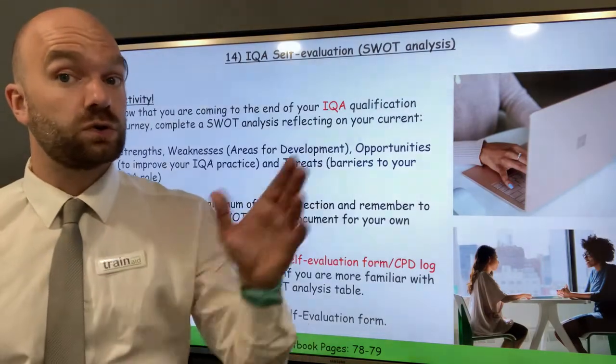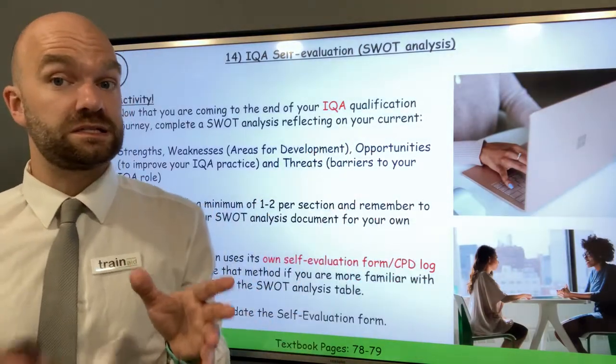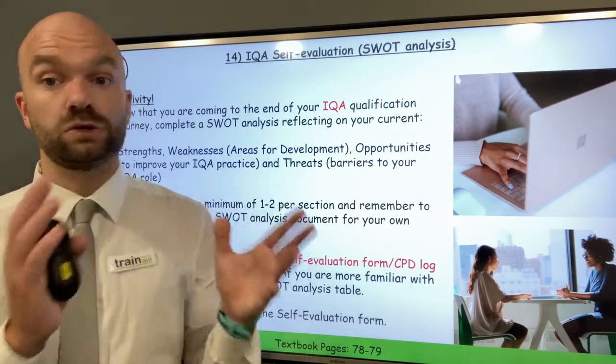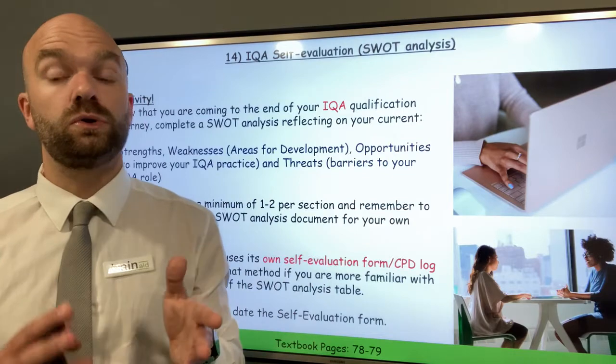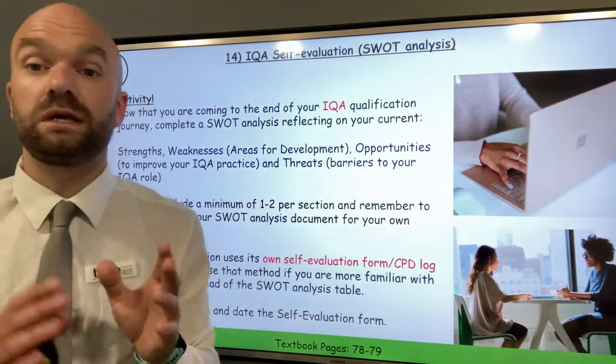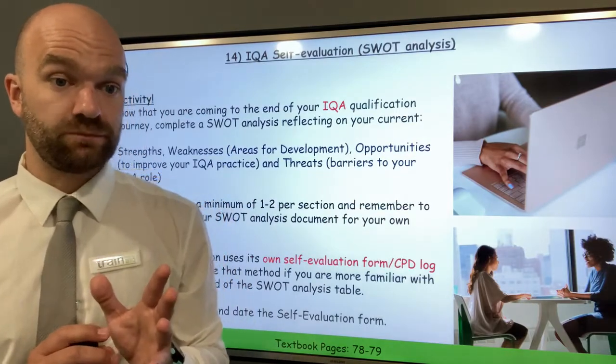So you can of course use the TrainAid SWOT analysis template, or alternatively you could create your own, okay? Or if your own organisation has its own document for self-evaluation, this is absolutely fine as well.